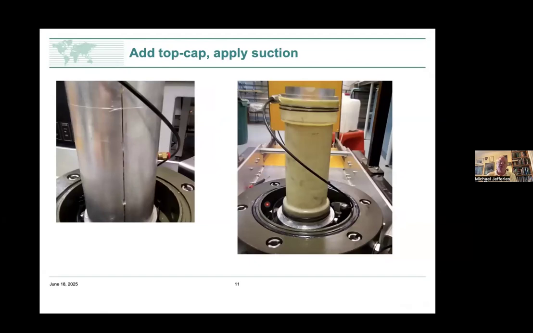Once we've built the sample, we put on the top cap, and we then apply a suction. Once you've got suction on the sample, you can then take the mold away, and that is what you see on the right-hand photograph. We've now got ourselves a nice, more or less uniform sample of our soil, which we're going to test on a triaxial equipment.